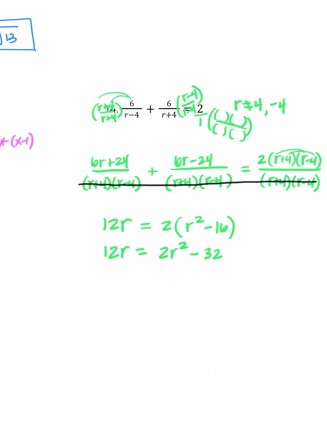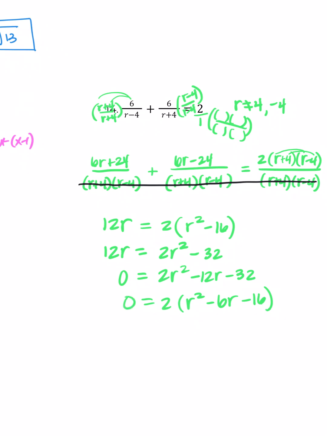I see I've got an r squared term and an r. So I want to get it equal to 0, potentially factor this thing to solve it. So subtract 12r to both sides. Looks like I can factor out a 2 right away to get r squared minus 6r minus 16.